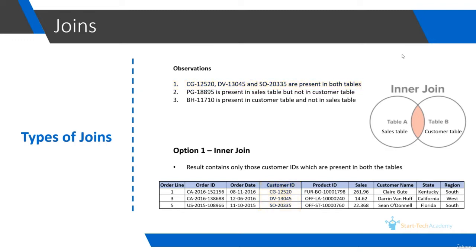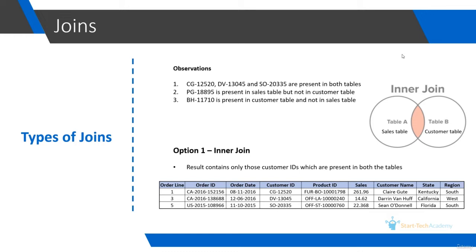So you can see we have order line, order ID, order date, customer ID, product ID and sales value. All of these columns are coming from the sales table, and these three columns, customer name, state and region, are coming from the customer table. So you can see that the data is joined of the two tables, but the number of rows are less. Only those rows are there for which we have data from both the tables.